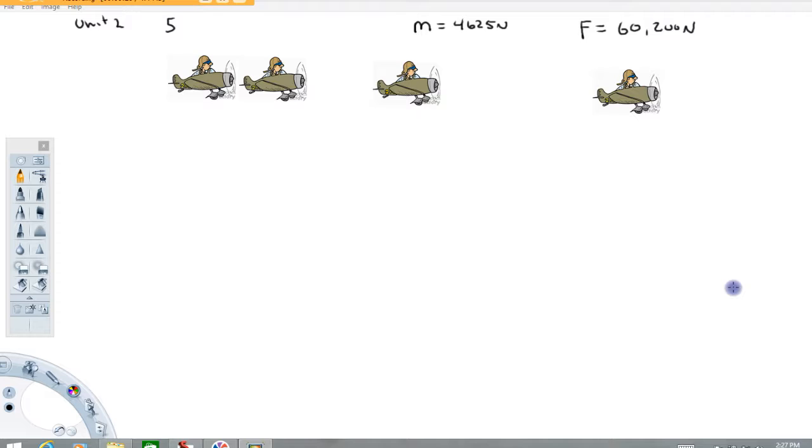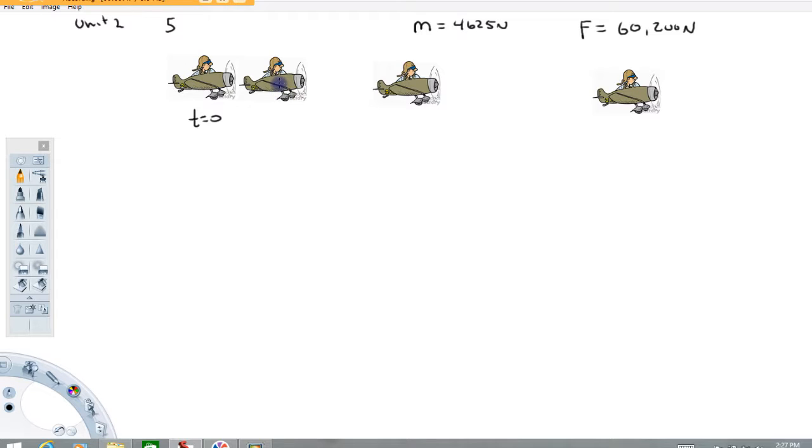Alright, so I've already kind of started my picture. Of course, this is a prop plane and not a jet, but it's the closest thing I had. What I'm trying to do is draw a motion diagram to indicate that this thing is getting faster and faster. In my first picture at t equals 0, the plane's not really moving yet, no velocity.